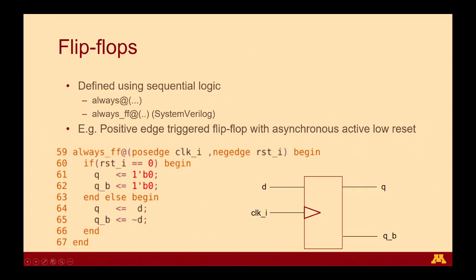Whereas in the case of a flip-flop, as you'd imagine, your output should not be triggered unless you get a clock or a reset. For example, this models an active low reset, positive edge triggered flip-flop. When we want a positive edge triggered flip-flop, we use the keyword posedge with the clock. And when we want an active low reset, we specify the edge on which the active low reset triggers, in this case the negative edge.